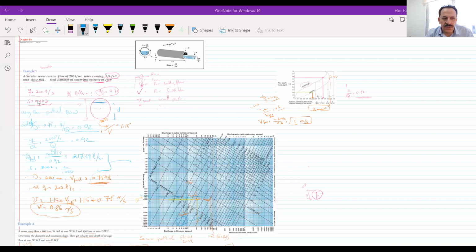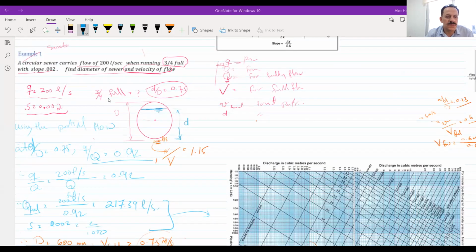First of all, you have to look after these small and capital letters. Small q represents the flow in the current situation. And the capital represents the flow when the sewer is working at full section. So V full is when we have Q full.